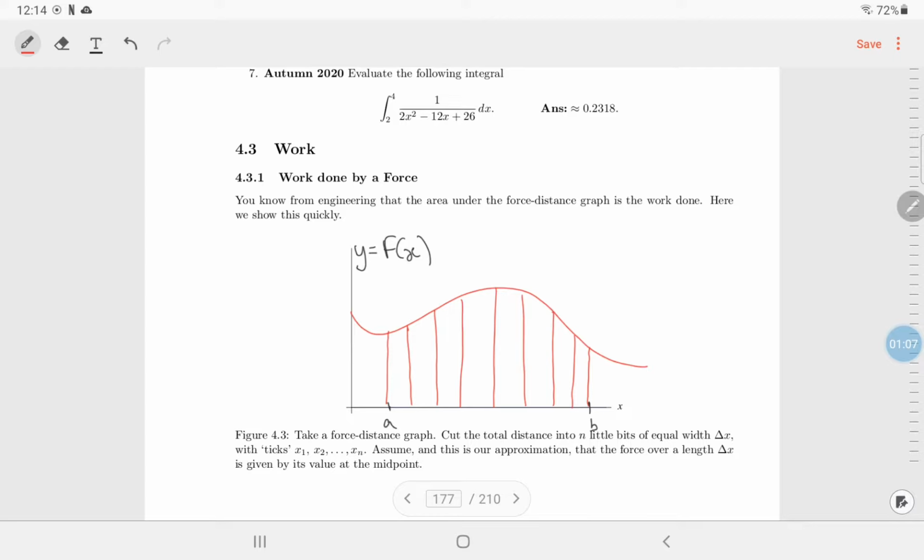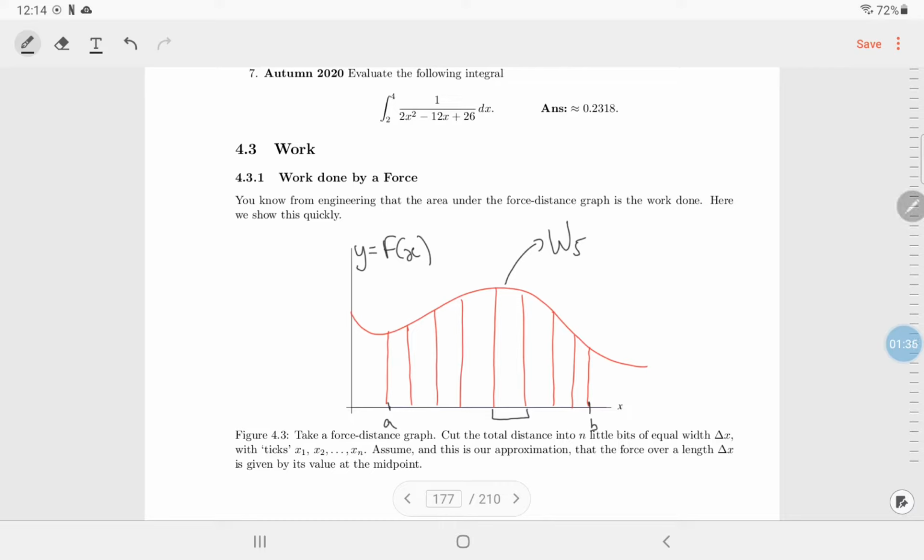We're going to say, looking at the fifth piece for example, 1, 2, 3, 4, 5, that the work done between these two distances is W5. And so you have the work done between the first point and the second, and the third, etc. The total work done between A and B is the sum of these.